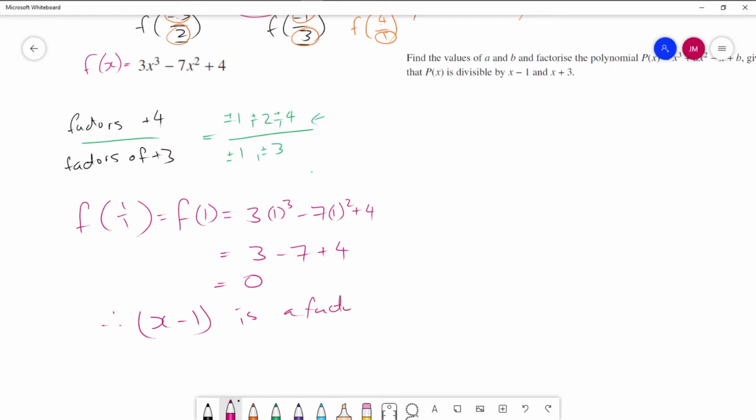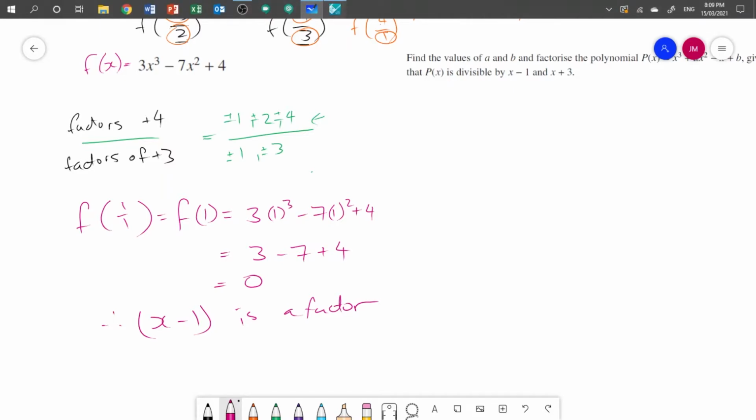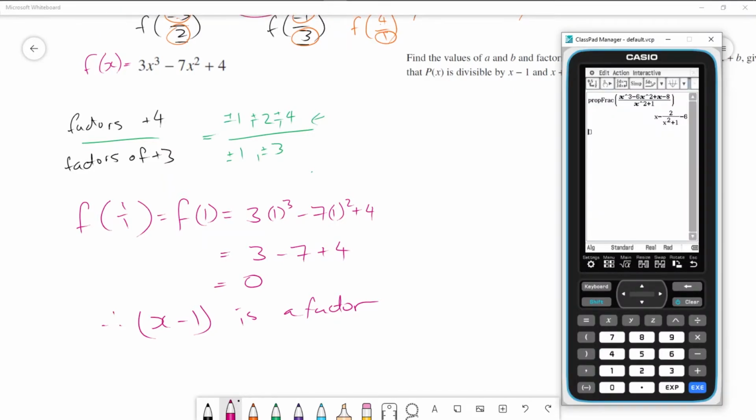Alright, I could then do my long division, but let's keep going. Let's try another one. Now, if I put in a negative there, I'd get negative 3 minus 7 times negative 1 plus 4. Now, shortcut, if you want to use your CAS calculator, let's have a look. We can go to our main, clear whatever you've got in there. So clear all. And let's define.